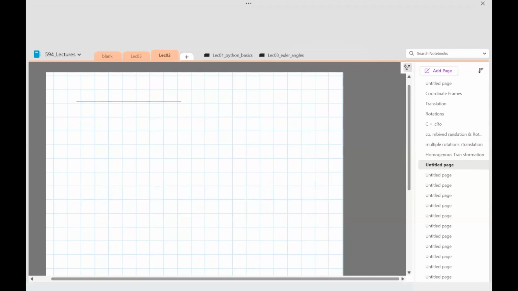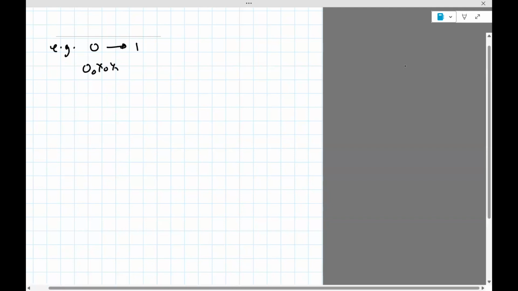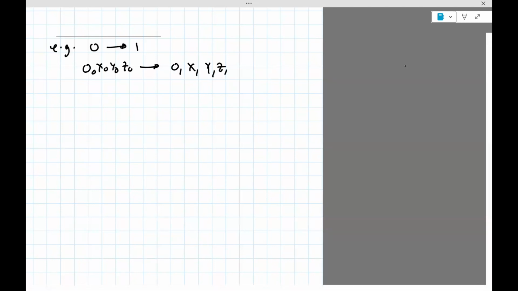Let's say that we have motion from frame 0 to frame 1. This really means O0, X0, Y0, Z0 to O1, X1, Y1, Z1, just a shortened notation. Remember it was C^{i-1} equals H_i^{i-1} C^i.